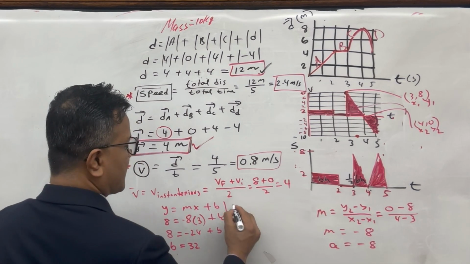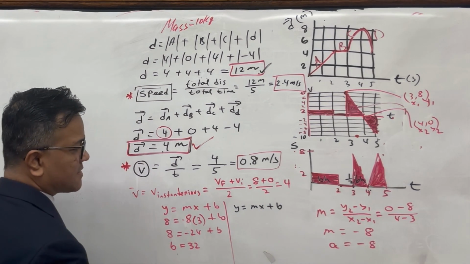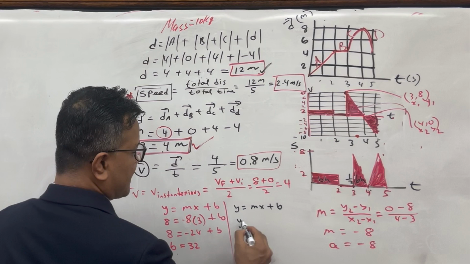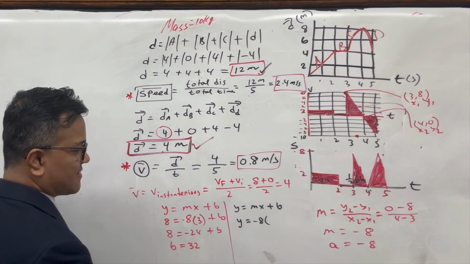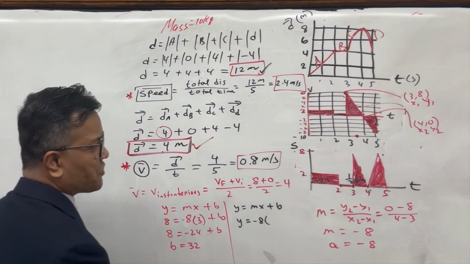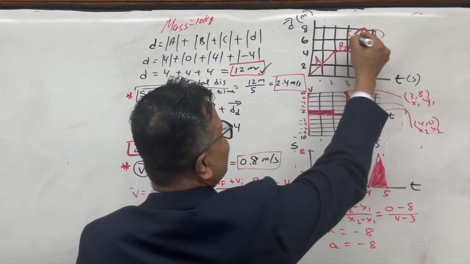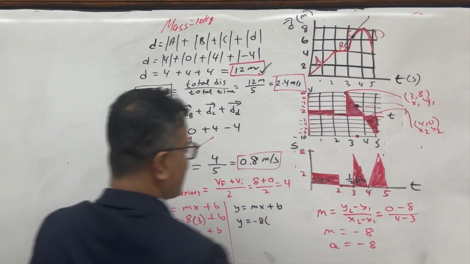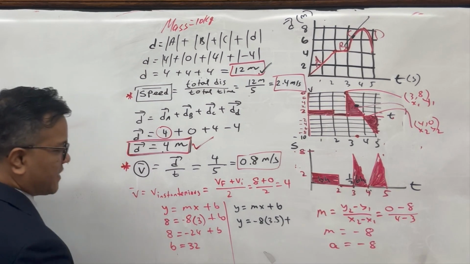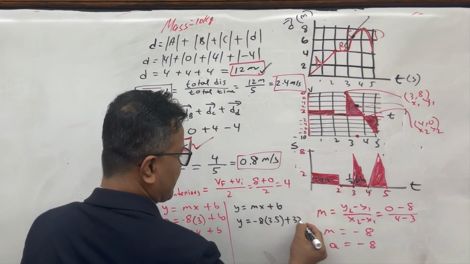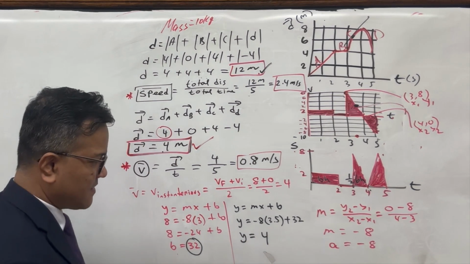Okay, so y equals mx plus b, right? So m is negative 8, x is 3.5 seconds. You want to find the instantaneous velocity at 3.5 seconds. So 3.5, and what is your y-intercept? 32. And that gives you exactly 4. Is that right?